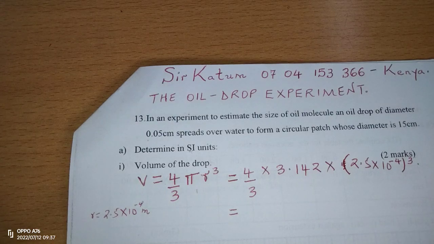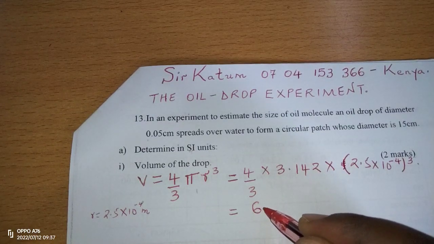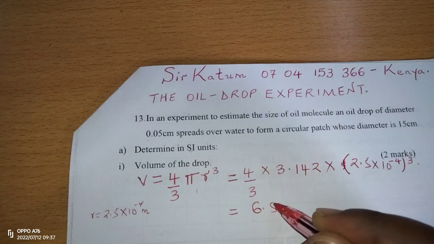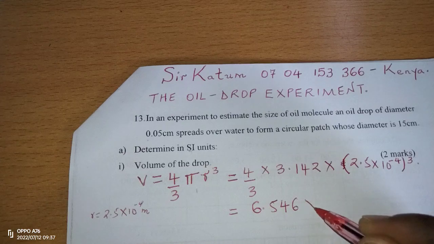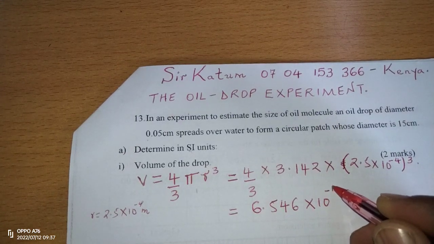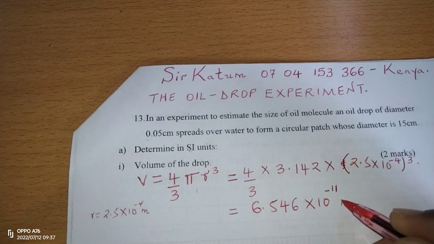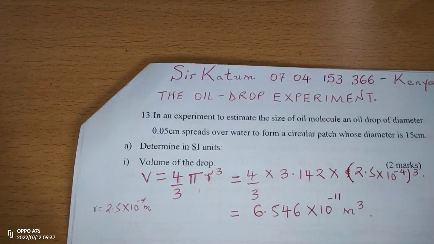When we substitute in the calculator, we get 6.5 times 10 raised to power negative 11, and these are meters cubed because we have already changed to SI units.